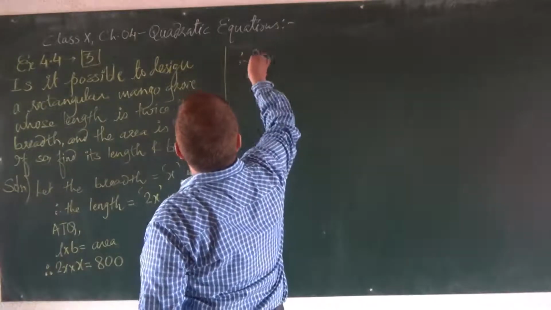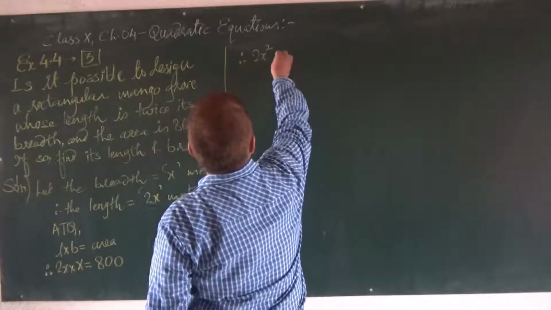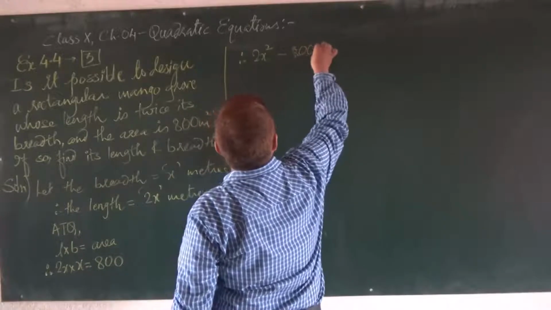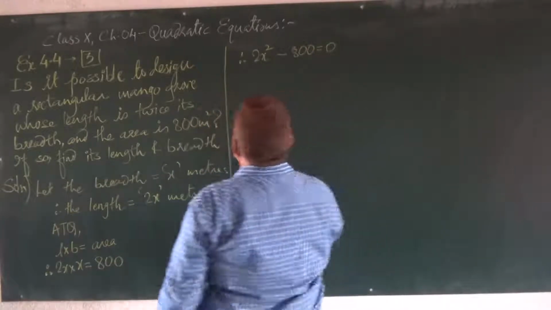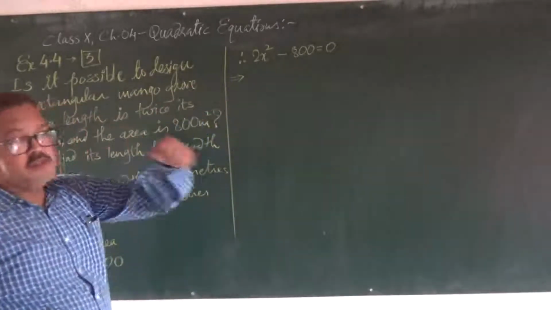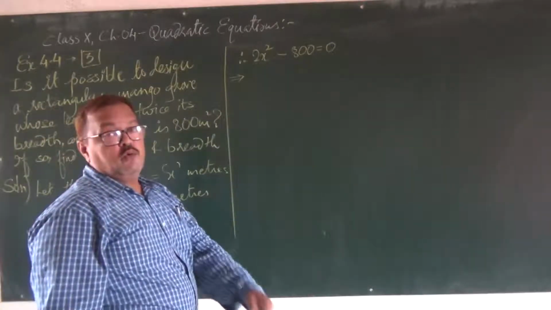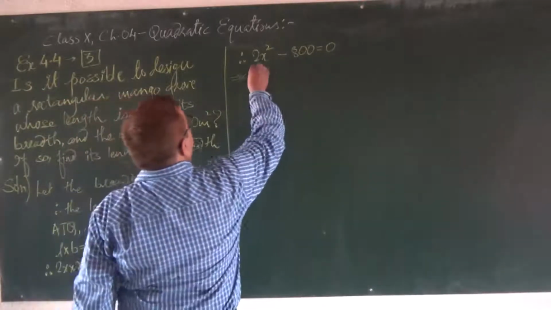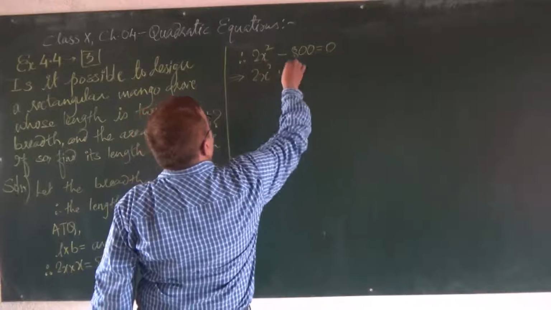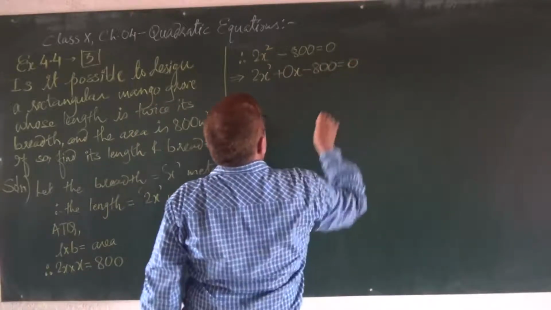We are going to get 2x square minus 800 is equal to 0. You can also write by supplying the missing term. What is missing here? The bx term is missing. So I am comparing with ax square plus bx plus c. So you can also write 2x square plus 0x minus 800 is equal to 0.